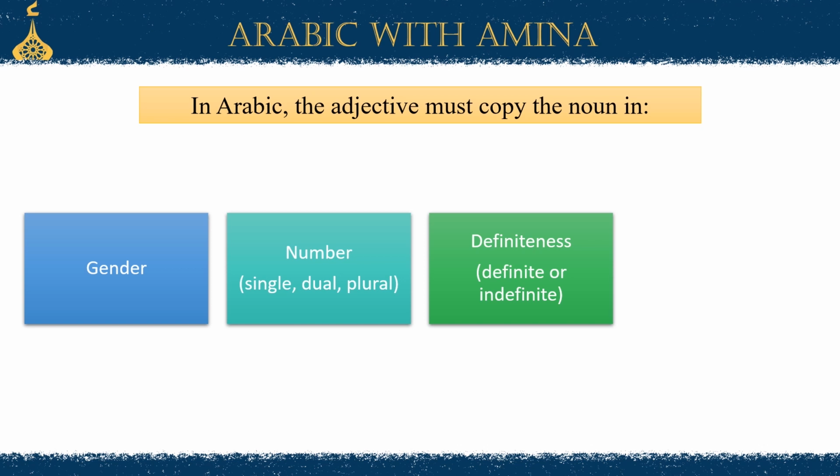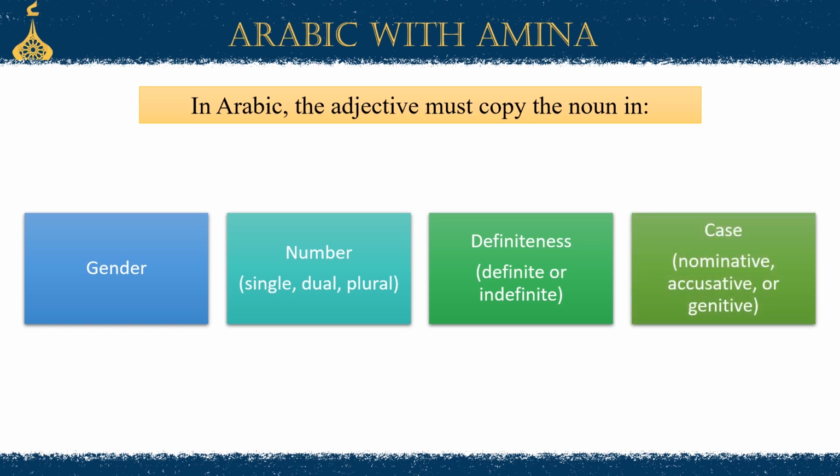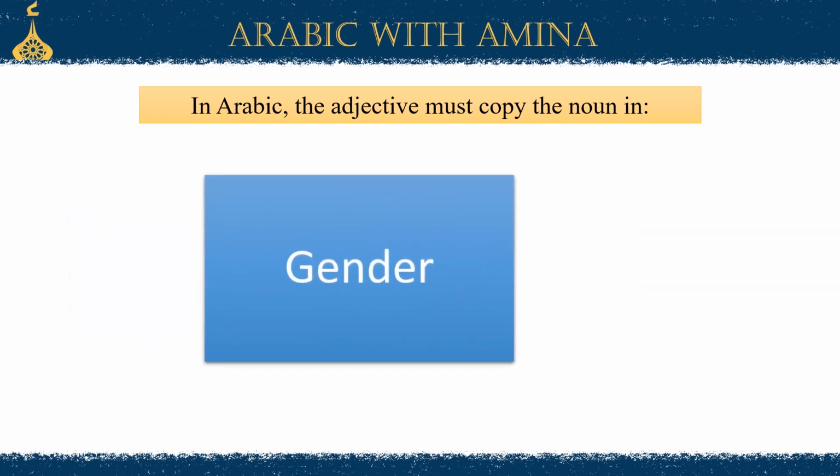In definiteness, is it a defined noun or an indefinite noun? And in the case, is it in the nominative case, the accusative case, or the genitive case? Whichever case the noun is in, the adjective will also be in. So let's start off with the gender.